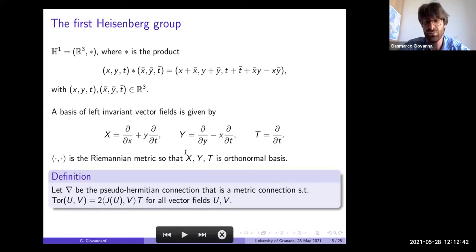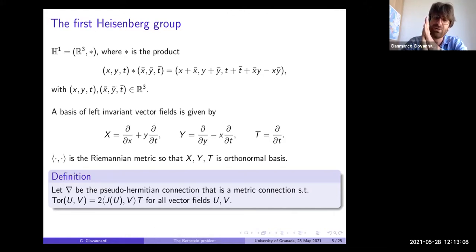So you have partial x plus y partial t. And if you want to go in the y direction, you have to add an extra term that is minus x partial t. And when you compute the commutator of these two vector fields, you obtain the third vector field, that is T, the partial derivative with respect to t.